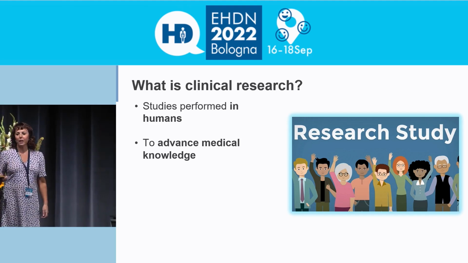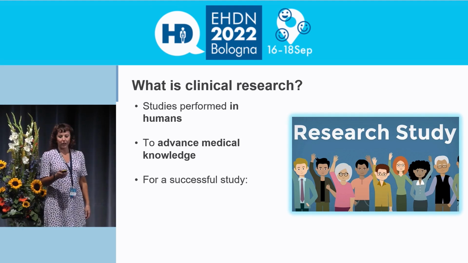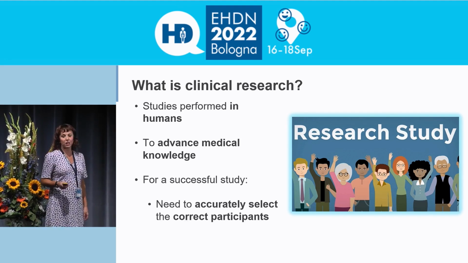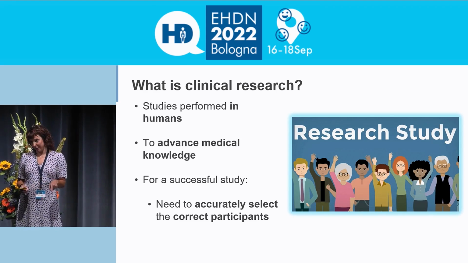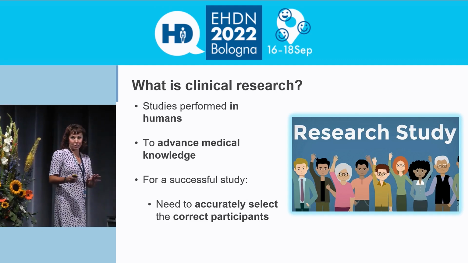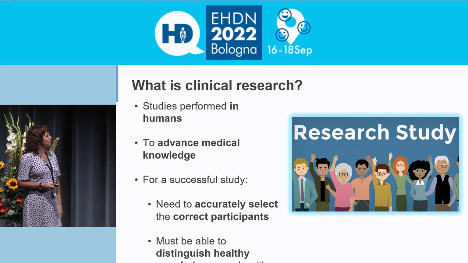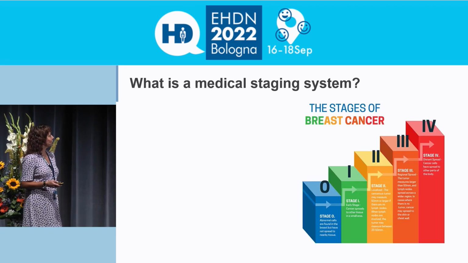Clinical research is pivotal to developing our understanding of the disease. For a successful study, you need to accurately select the correct participants. That may sound very simple, but I can tell you in so many fields that doesn't happen. And you must be able to distinguish healthy people from controls.